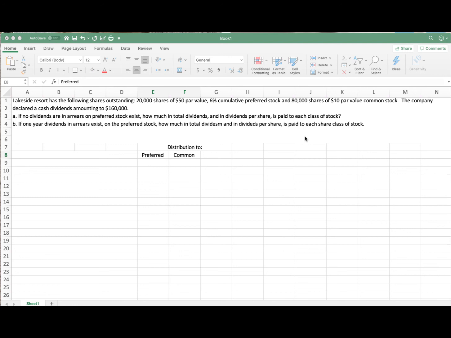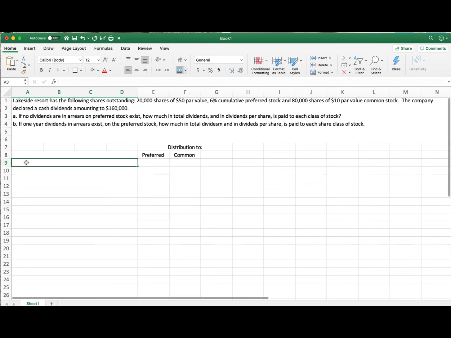First, we need to figure out how much we should distribute to the preferred shareholders. We don't need to worry about dividends in arrears. We just need to allocate this current year dividend of $160,000 to the preferred shares, and then to the common shares.